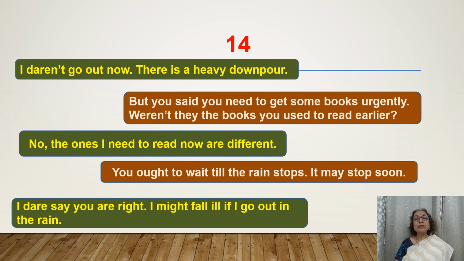When you meet somebody, you can make slight changes, or you can combine 2, 3 sentences, and you can have an interesting dialogue. Unless you practice regularly, unless you try to converse with yourself, you be both the characters. Like I read it out to you, you read it out.